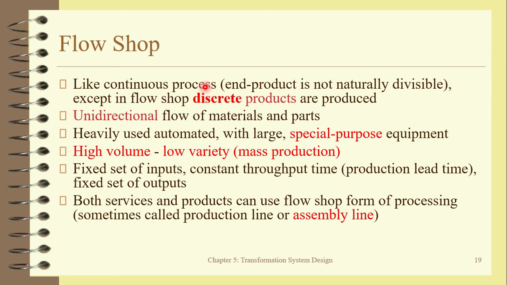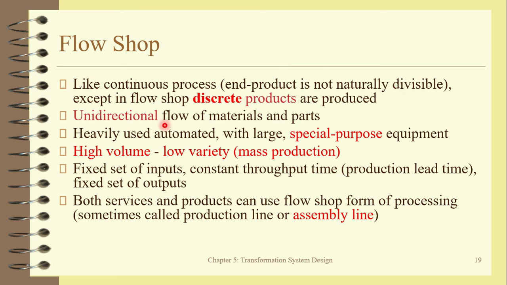But the difference between these two systems, as I told you earlier, is that the end product of the flowchart is discrete, but the continuous process always produces a product that is naturally indivisible, or a fluid.